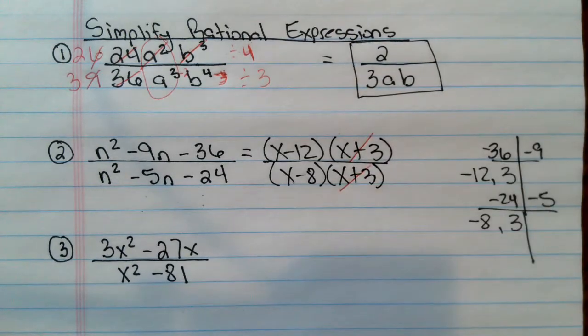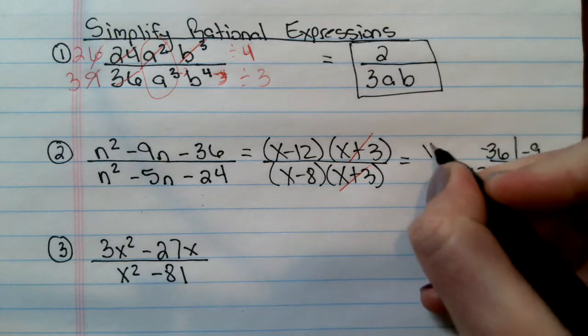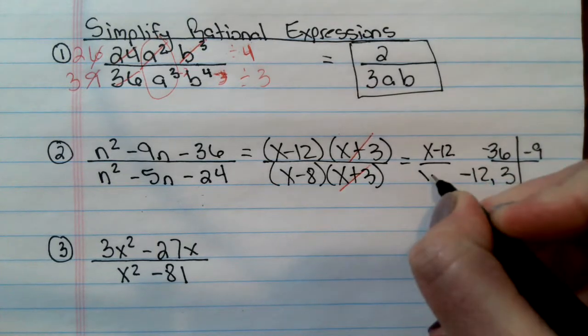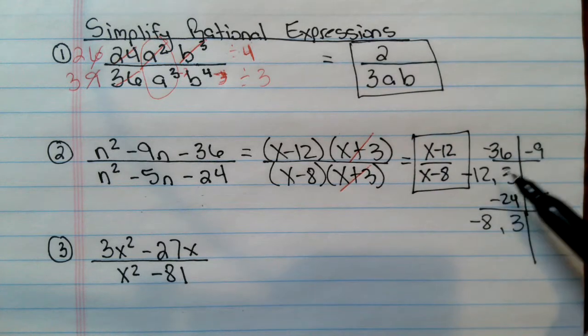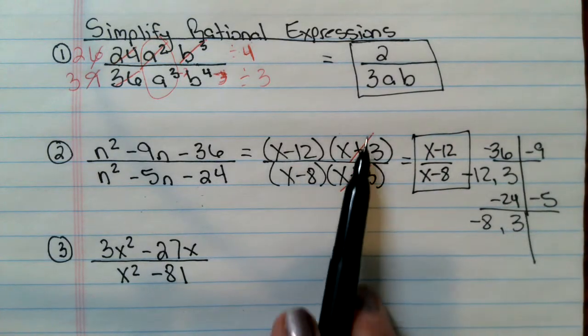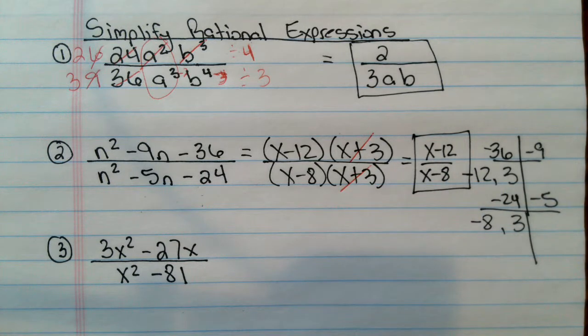My x plus 3 factors cancel on top and bottom, and this final answer is x minus 12 over x minus 8. And recall that we cancel factors, not terms, so I cannot do anything more with this.